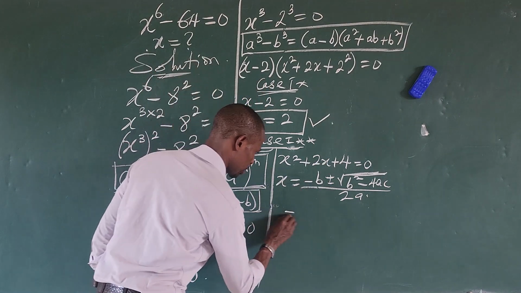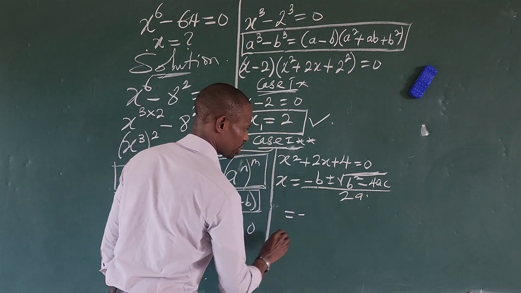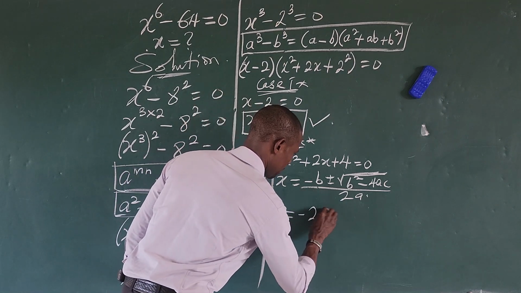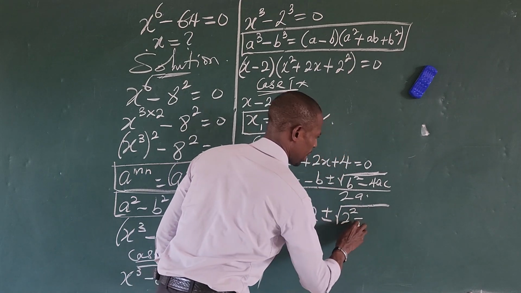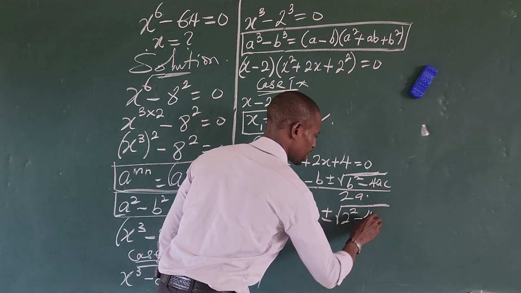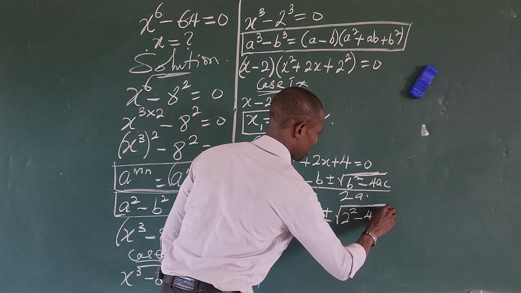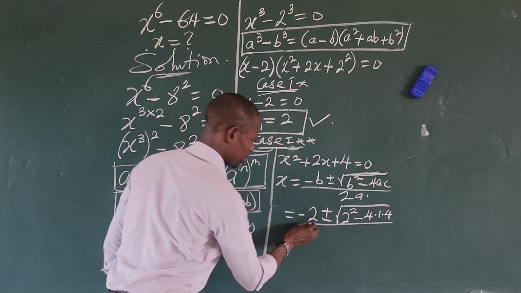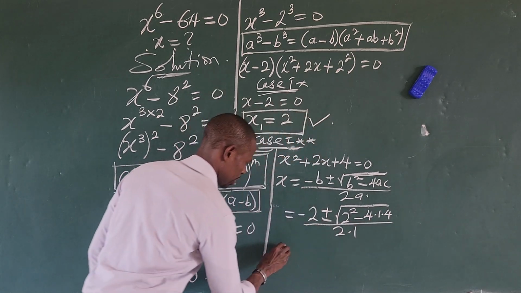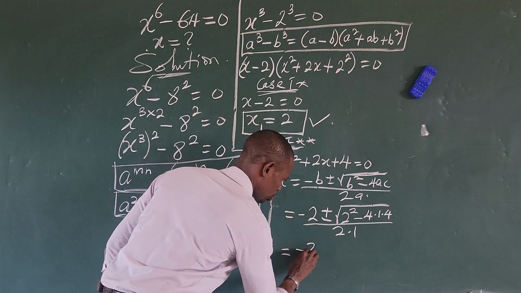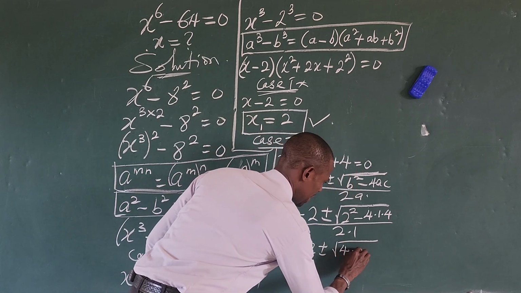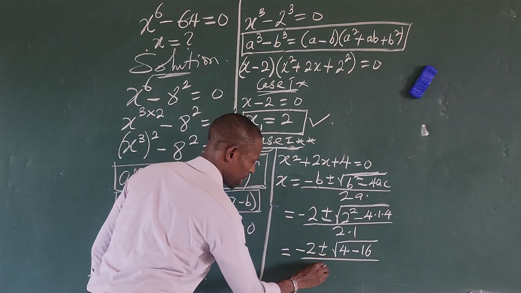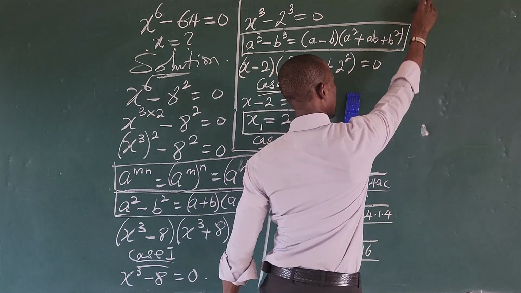So if we substitute, this is going to give us minus 2, then plus or minus the square root of 2 to the power of 2, then minus 4 times a is 1 times c is 4, everything all over 2 times 1. So this is equal to minus 2 plus or minus the square root of 4, then minus 16, all over 2 here. So let's continue here again.